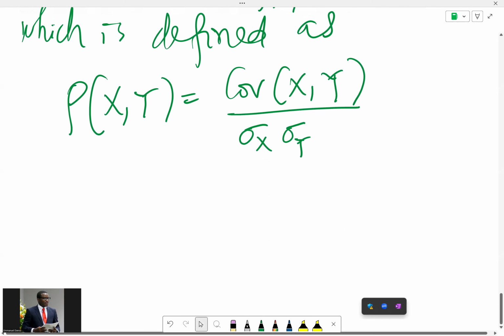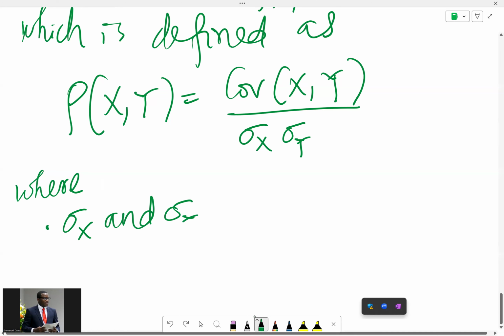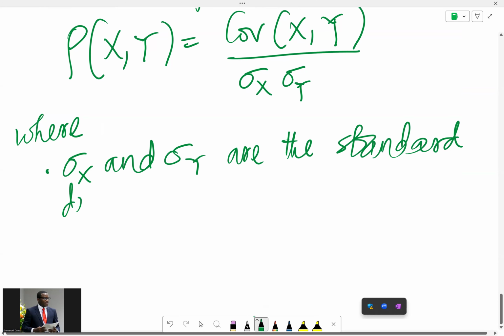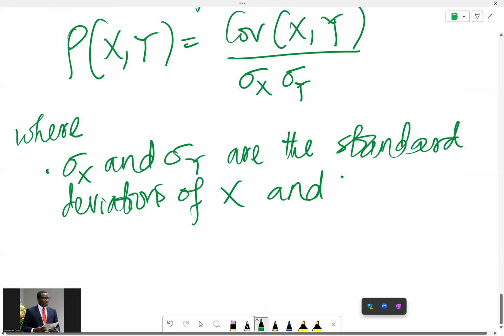So here now we have that sigma x and sigma y are the standard deviations of x and y.